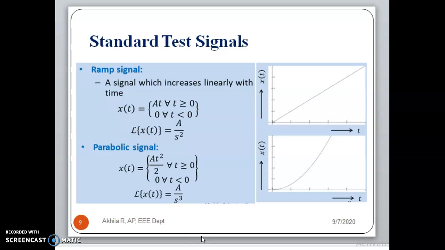The Laplace of x of t in the case of a ramp is a by s square. The parabolic signal is represented as x of t equal to a t square by 2 whenever t is greater than or equal to 0, and it is 0 whenever t is less than 0. The Laplace of a parabolic signal is given by a by s cube.